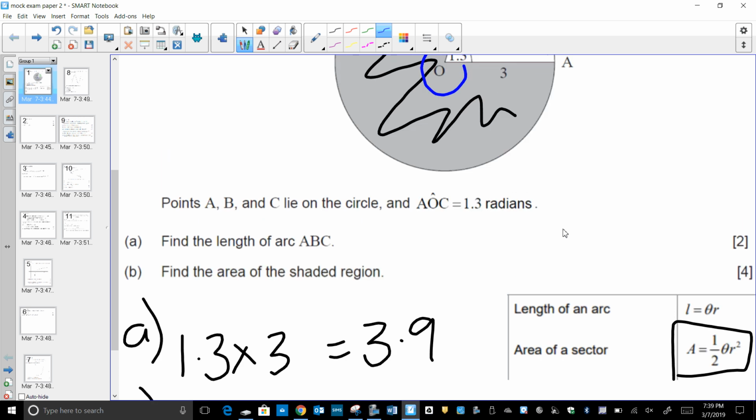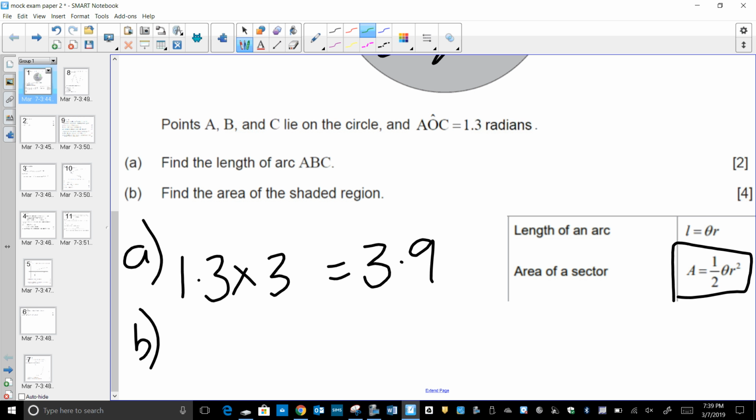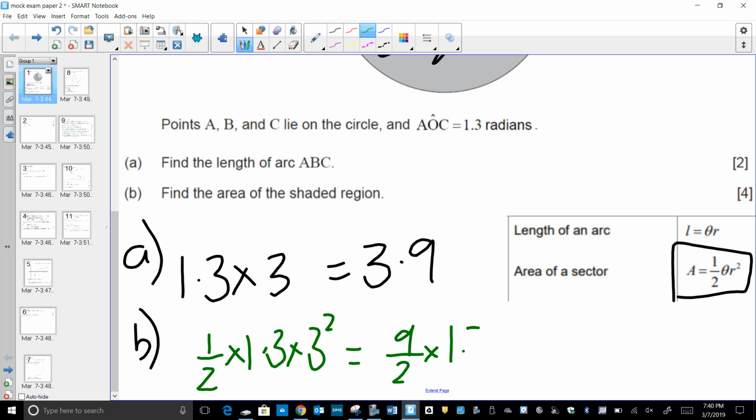So if we were going to find the area of the green sector, that would be half multiplied by 1.3 multiplied by 3 squared. So that's 9 over 2 multiplied by 1.3, which is, I don't know, it doesn't really matter. Okay, but that's the green part.